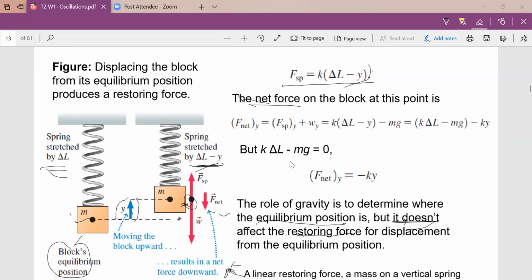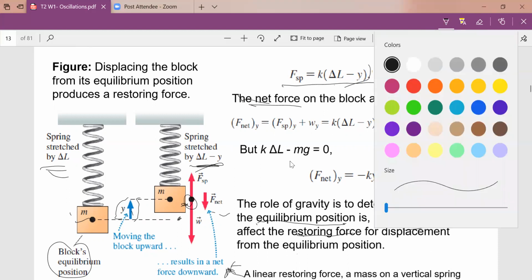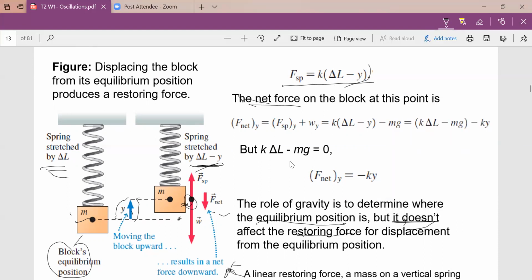Okay. But we know from the expression we saw for change in L to be mg over K, we also know that K change in L minus mg was equal to 0. That's how we were able to get this. So if we establish, having known that K change in L minus mg is equal to 0, we can actually equate this place to 0.